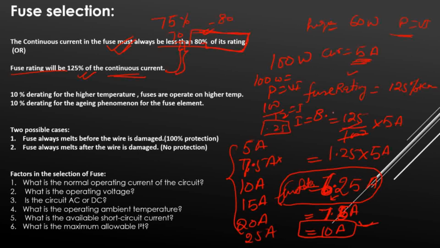I take it as 8.4 something. The continuous current will come to 8 point something, and then you have to work out the fuse rating. So 1.25 into 8.